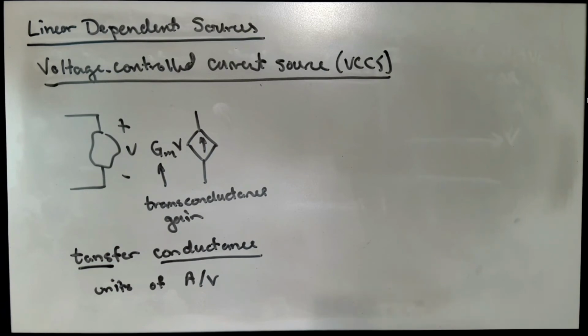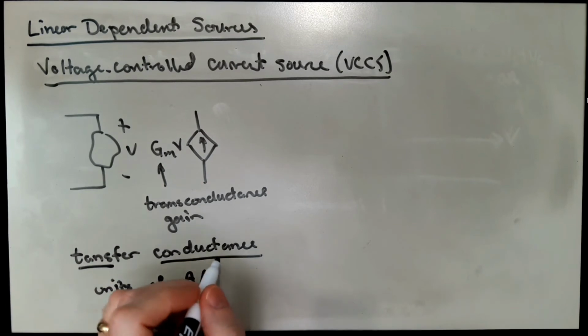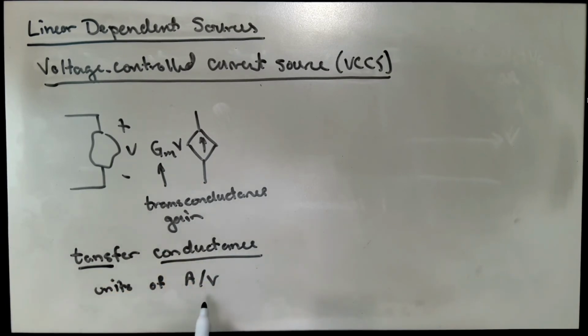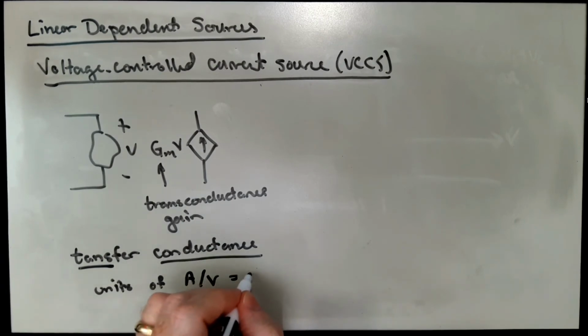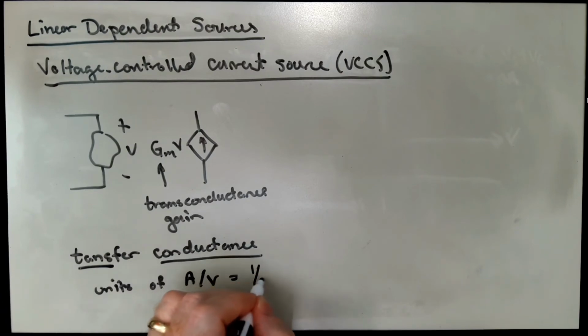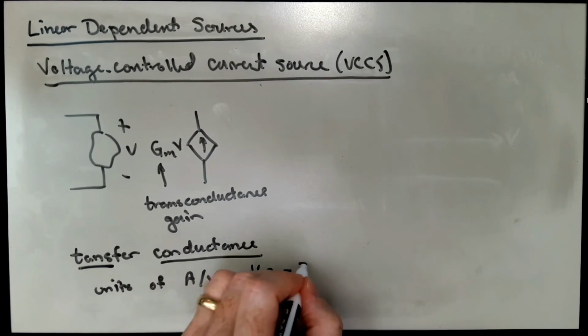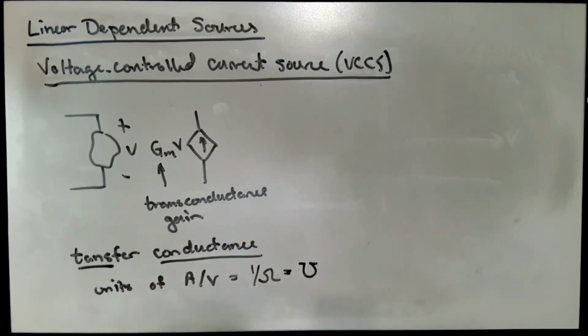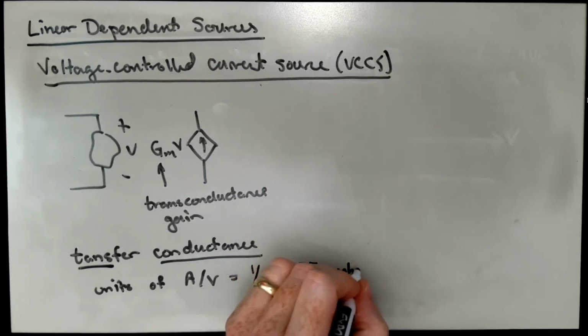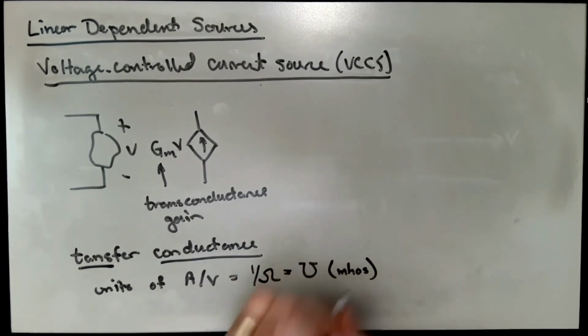But this also is a unit of conductance, which is basically the reciprocal of resistance. So this has units of 1 over ohms, which is sometimes denoted by an upside down omega, which is mhos, which is ohms spelled backwards.